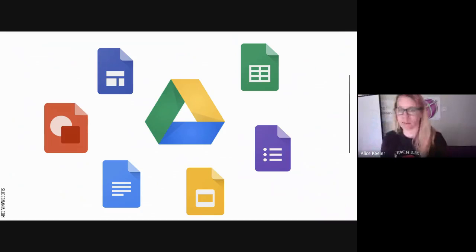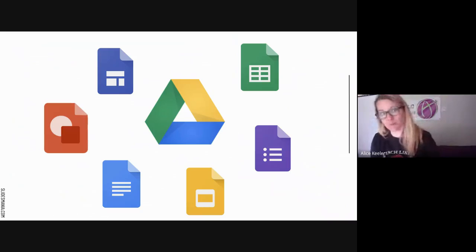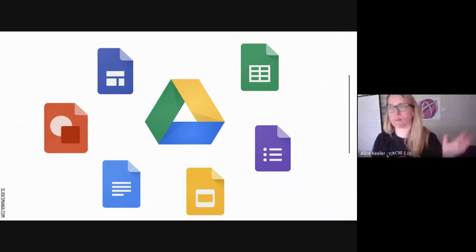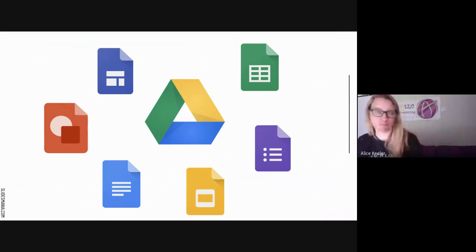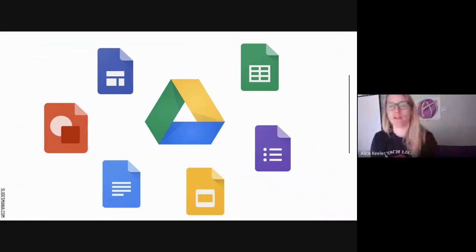If you take them outside of Drive, they become a completely different file type. They are intended to be 100% in the cloud. They do have offline access. That is a capability that you can enable, but they live in the cloud, and it's just a different mindset. Using Google products, Google Workspace, G Suite, Google Apps, whatever you're going to call it, is a lot of paradigm shifts. You just interact with it differently.